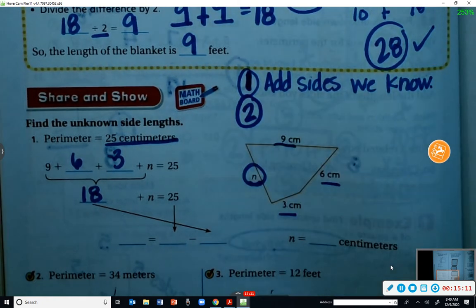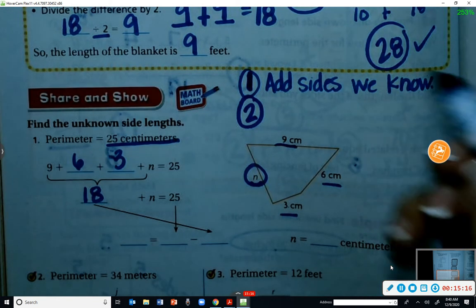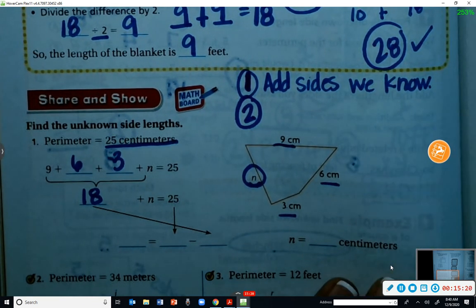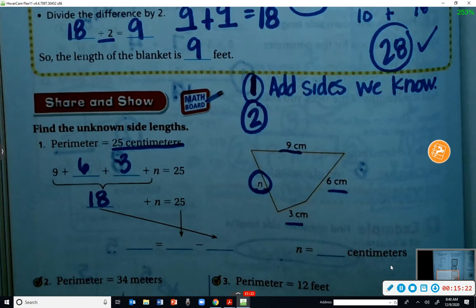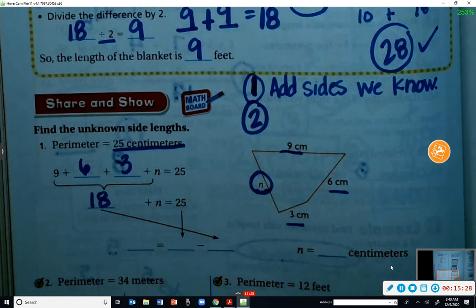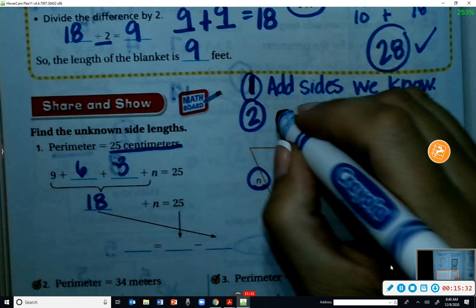What's step 2? Allie? Divide the... No, I mean subtract 18 from 25. Do you see a division symbol? No, I meant that side. Oh, we don't know our symbols anymore? That's not a division. There you go.